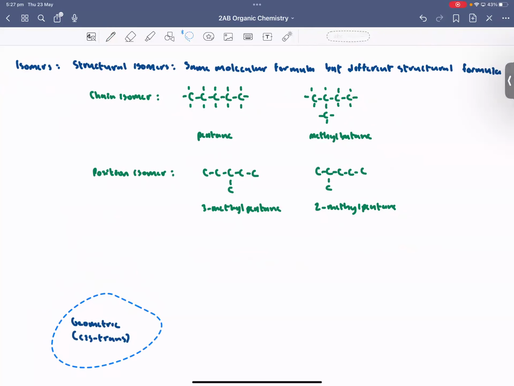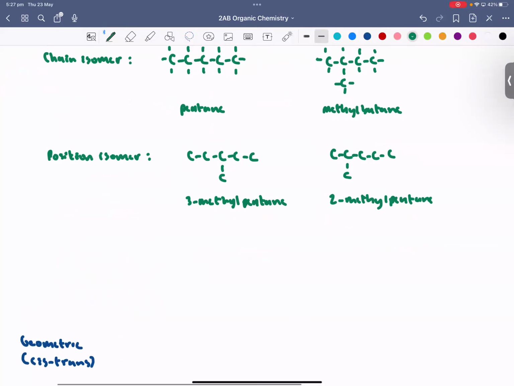What other type of structural isomer is there other than chain isomer and position isomer? Chain isomer, position isomer, there's also functional group isomer. E.g., what's this?